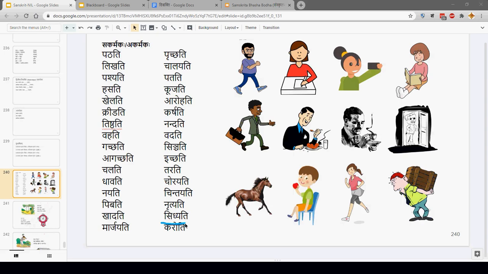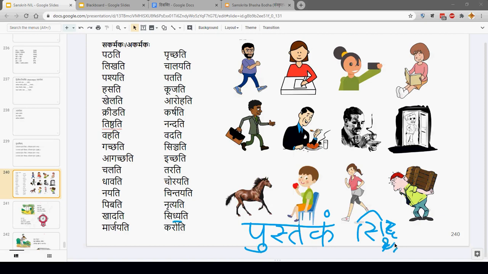A good one is Mama. Let's say Adhyayanam Siddhyati. Do you know Adhyayanam? Or let's say Pustakam only. Pustakam Siddhyati. Here I add Mama.